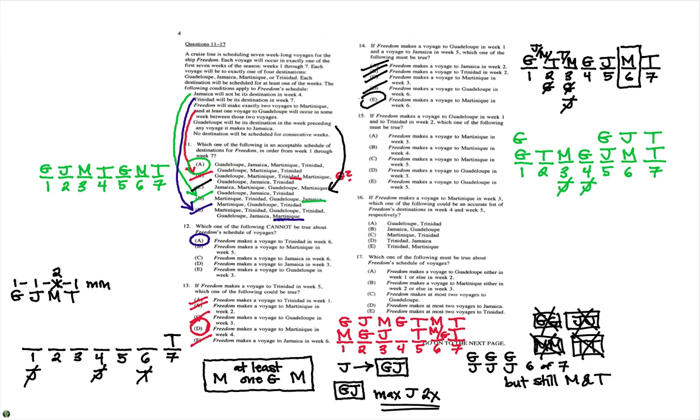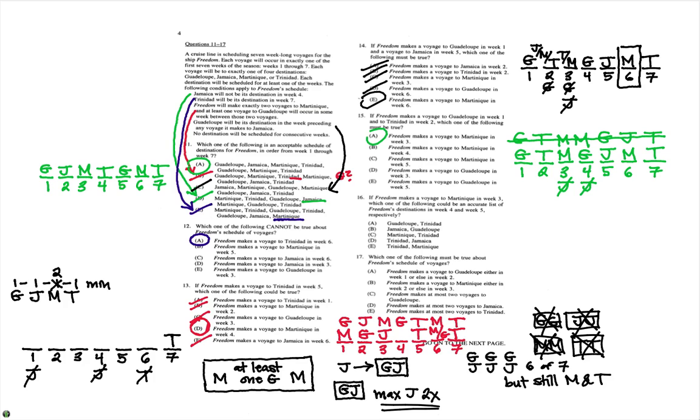Now, Trinidad is in week 2, which would put both Martiniques in week 3 and week 4, which is an invalid scenario, so that is out. Again, we're looking for what must be true. A, Freedom makes a voyage to Martinique in week 3, and you notice in week 3 we have Martinique. A must be true, and A would be the correct answer.